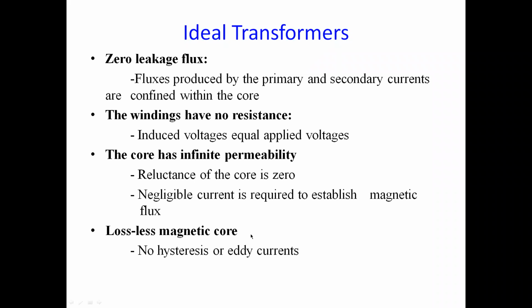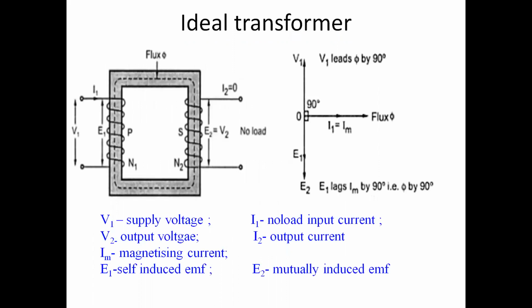And core loss: core is loss free, so there is no magnetic loss, no copper loss. Now this we have already discussed, this is the ideal transformer.